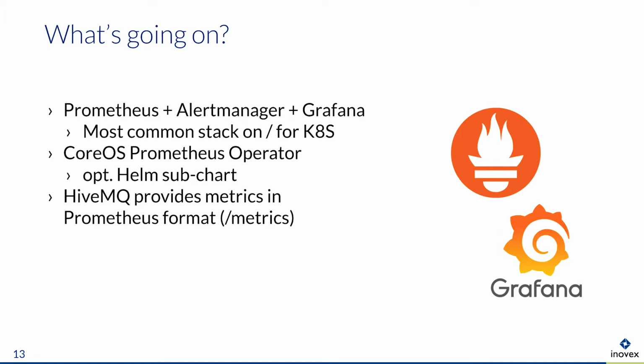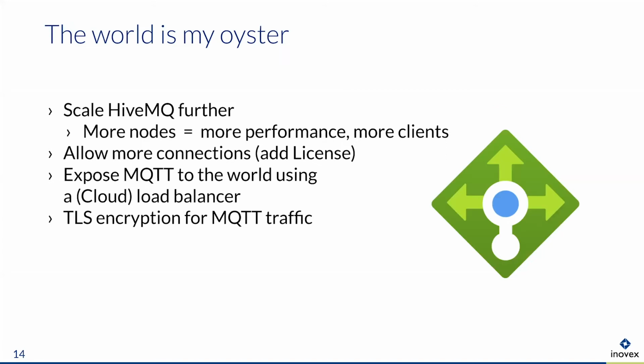So we look at the monitoring stack: Prometheus, the Alertmanager, and Grafana is the most common stack you will find. As I said, it's provided by the Prometheus operator that is part of that Helm chart HiveMQ provides, but it's fully optional. HiveMQ provides all its metrics in the Prometheus format on a metrics endpoint, so you can certainly use your own monitoring stack.